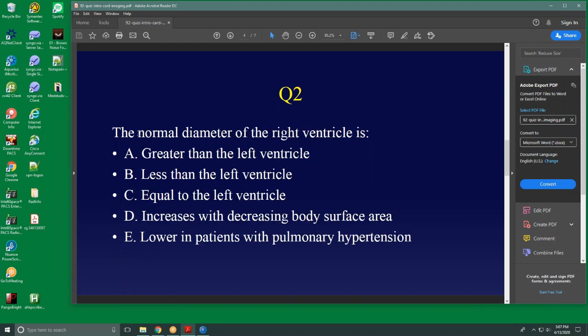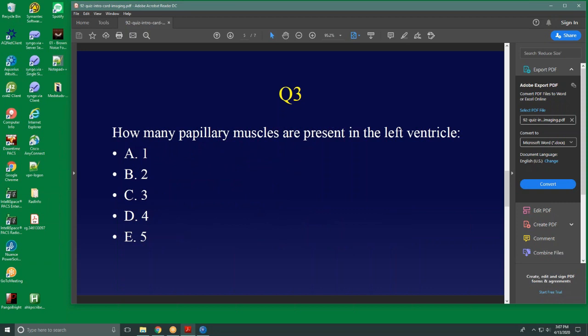Question 2, the normal diameter of the right ventricle is, and the correct answer is B. It should be less than the left ventricle. I wouldn't worry right now about specific sizes. Just know it should be less than the left. For just an intro, that's all you need to know.